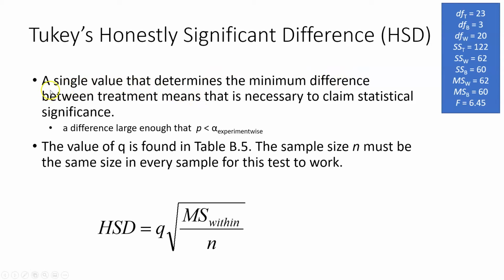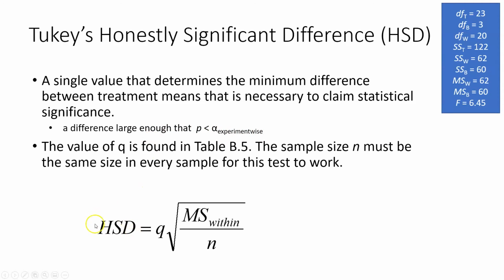The Tukey's HSD provides for you a single value that determines the minimum difference between treatment means that's necessary in order to claim statistical significance. A difference that's large enough that the probability is less than the alpha experiment-wise. Let me say that in clearer terms.